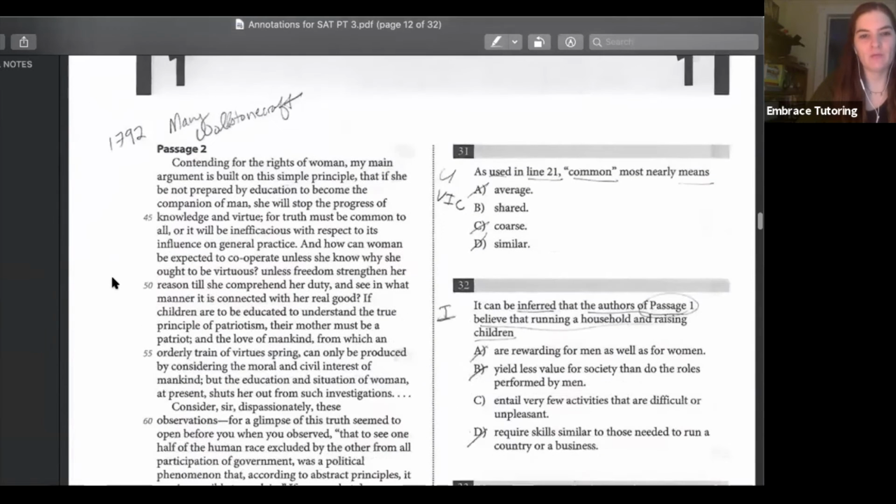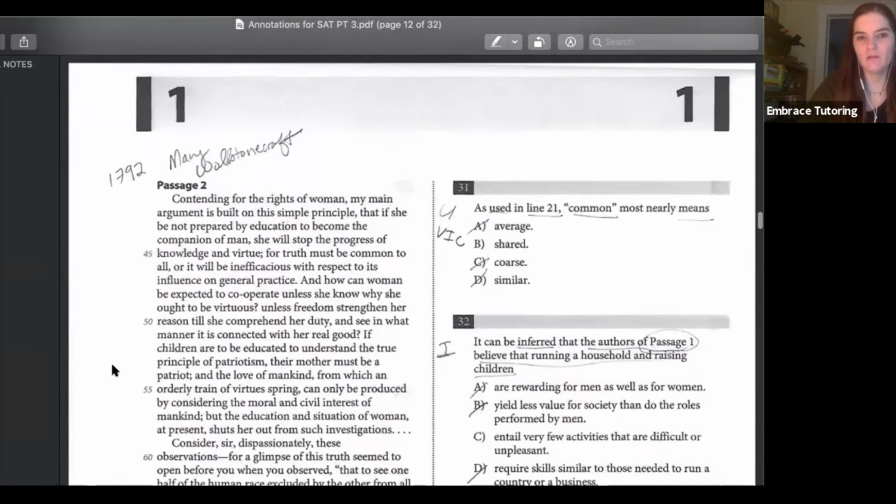Anyone actually have a problem with the Mary Wollstonecraft, the Vindication of the Rights of Women passage? Because that's usually a tricky one.